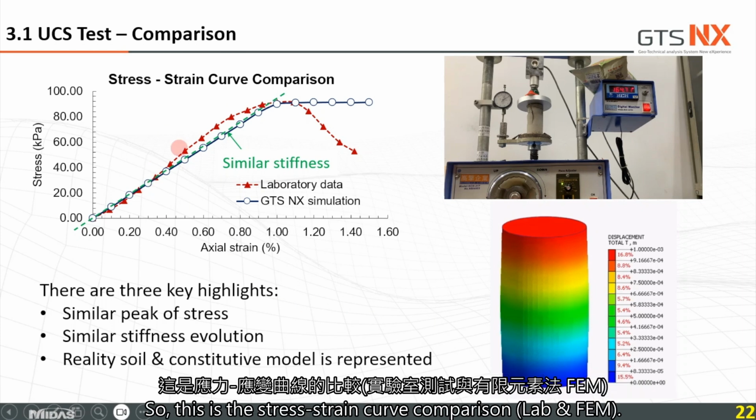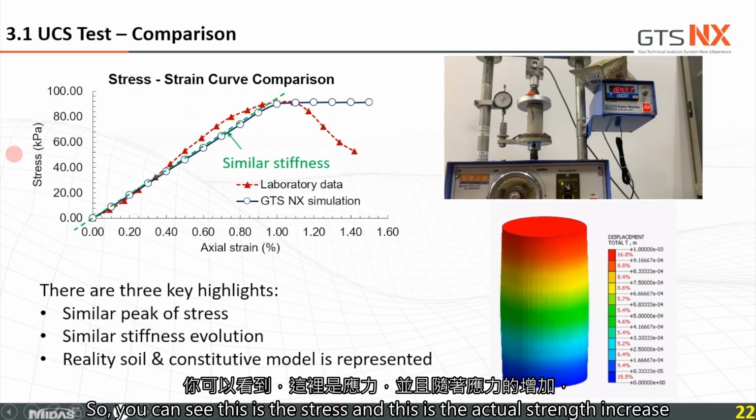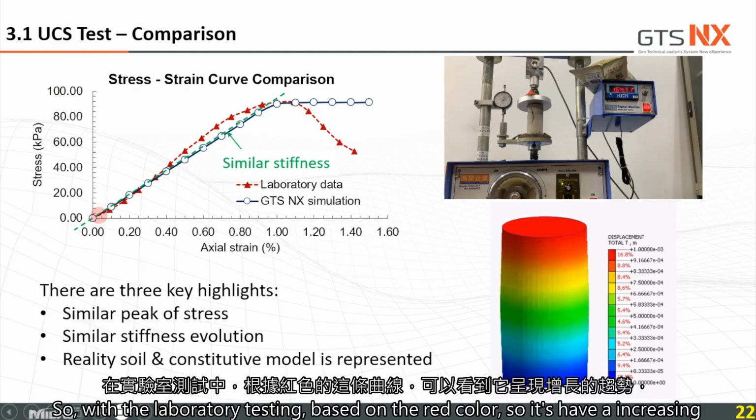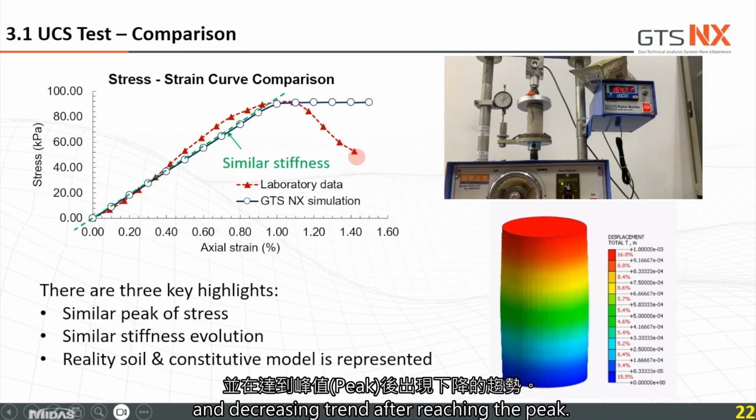So this is the stress strain curve comparison. You can see this is the stress and this is the axial strength increasing with the stress increasing. With the laboratory testing, based on the red color, it has increasing and decreasing after reaching the peak.